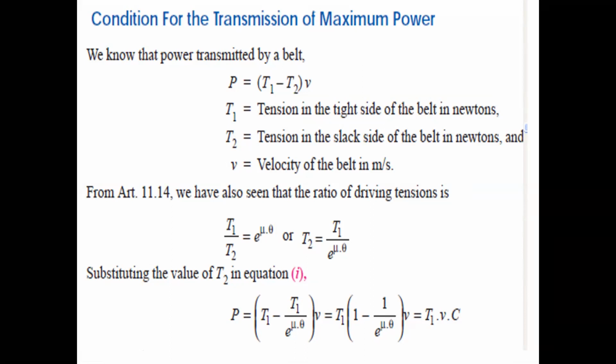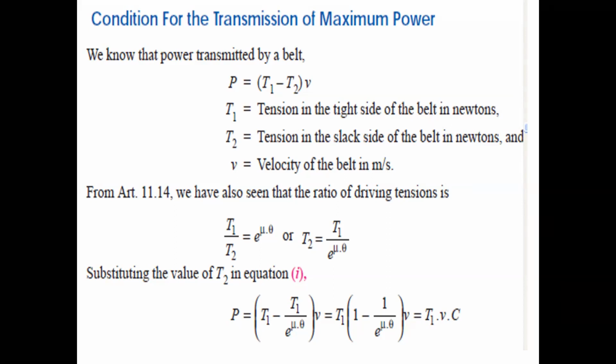And we know the ratio of the tensions: T1 by T2 equals e power mu theta. It may also be written as T2 equals T1 by e power mu theta.